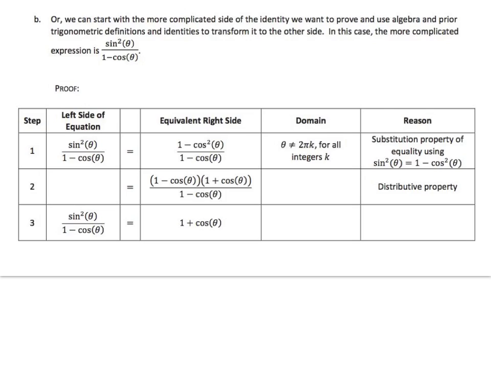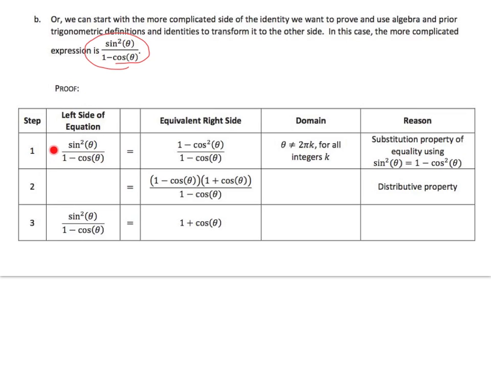With the last example, we just used the Pythagorean identity and messed around with it, dividing both sides by the same expression to come up with the identity. In this example, we're using the more complicated one, and we're going to mess around with it to transform it to the other side. All right. This is the way that I originally did it too.